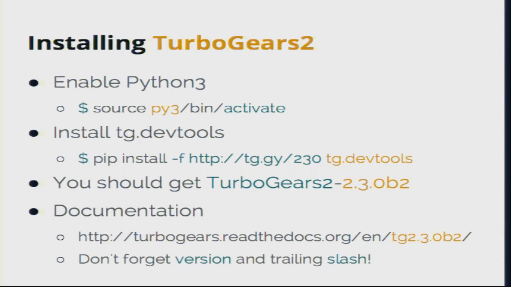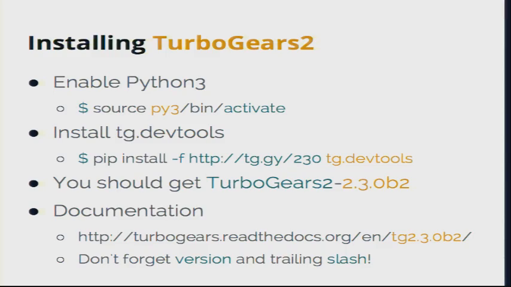And if you use the private index provided by TurboGears, you are sure that you always install the exact same version of every single library each time you install TurboGears, even if a new release has been made. Especially in this case, we need to use it because the 2.3 version, being a beta, is not available on PyPI.